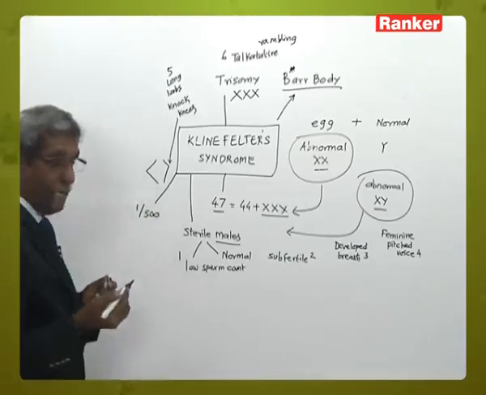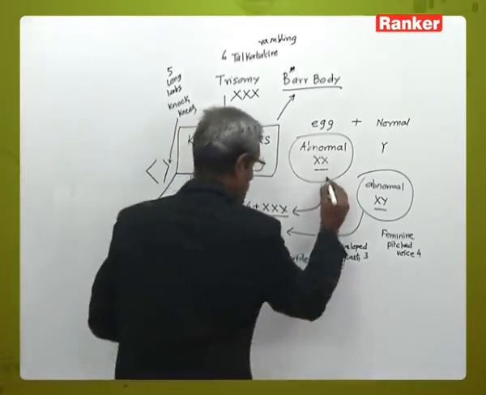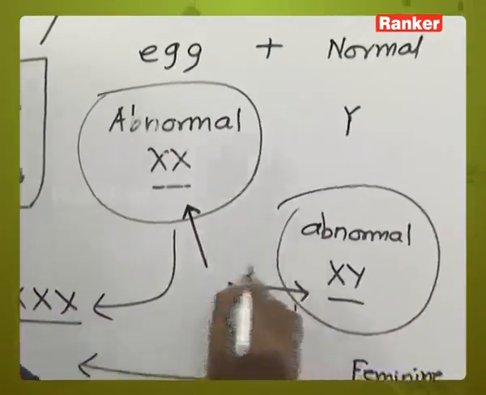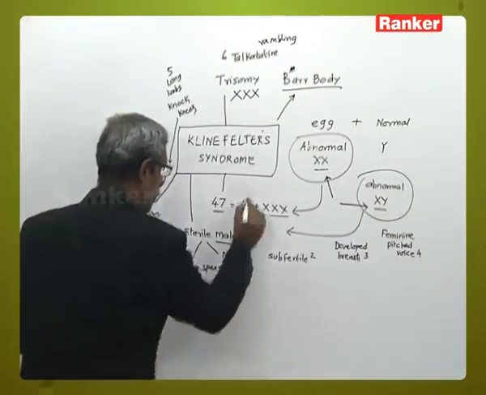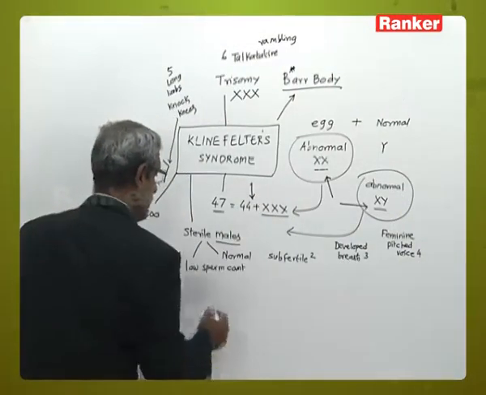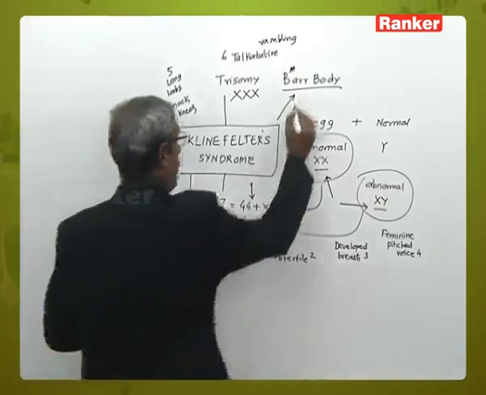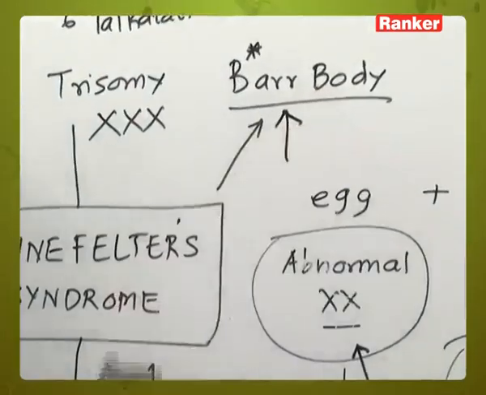So normally the most important concepts are: how does it come about, with an abnormal XX or an XY? What is the chromosome complement? Where does it affect? It affects sterile males. And how is it indicated? It is indicated by a bar body.